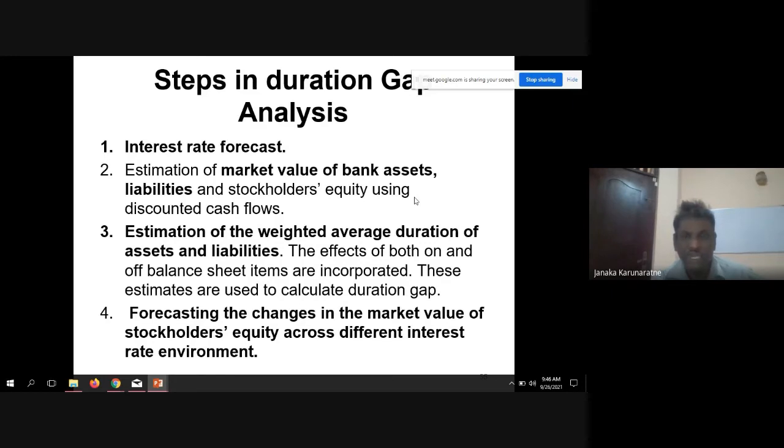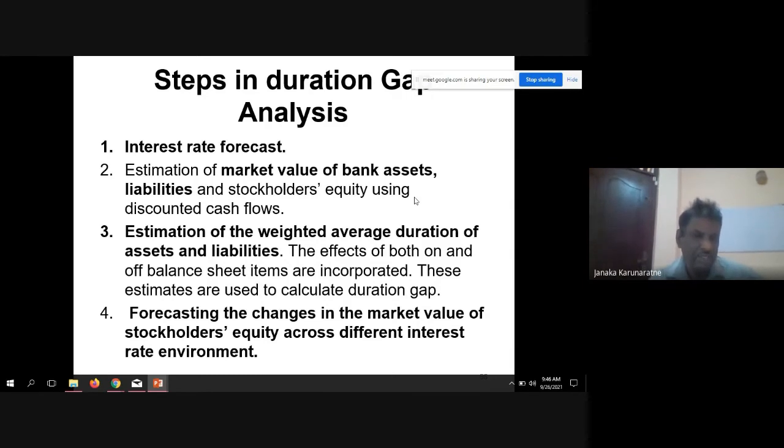Then we have to estimate the weighted average duration of assets and liabilities, because when you take the entire balance sheet, you have to take the weighted average. Remember when we looked at the maturities, we did the maturities weighted average. Similarly, for these durations, and forecasting the changes in the market value of stakeholders' equity across different interest rate environments.